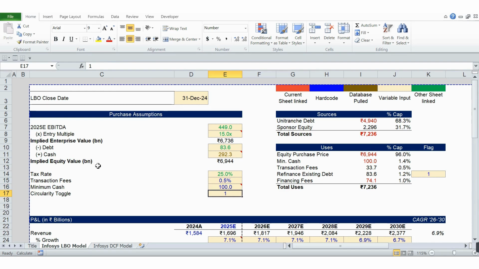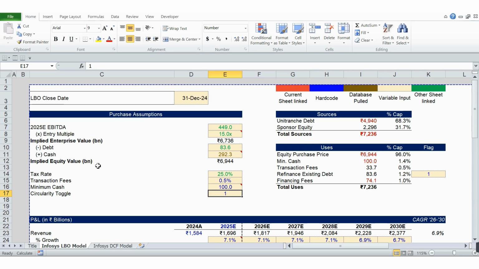Then we have the circularity toggle. We will not go into very much detail, but to give you a brief: our debt and interest are linked in the income statement and in the debt schedule, which is creating a circularity.